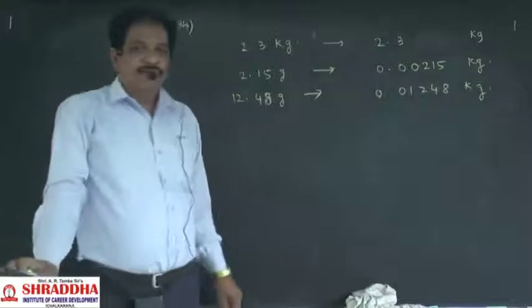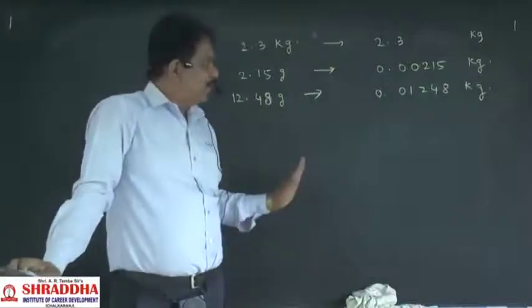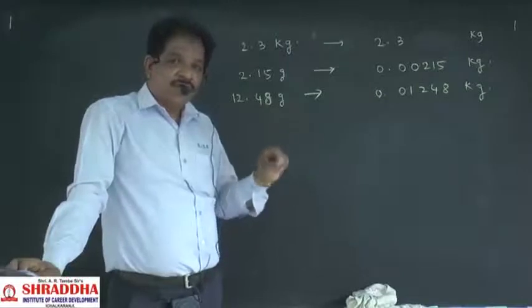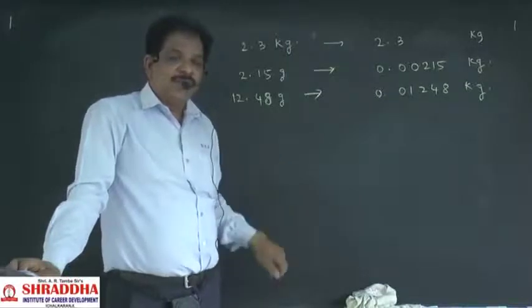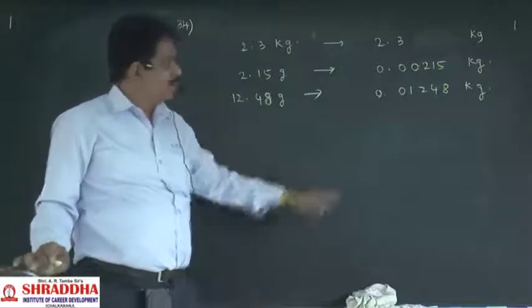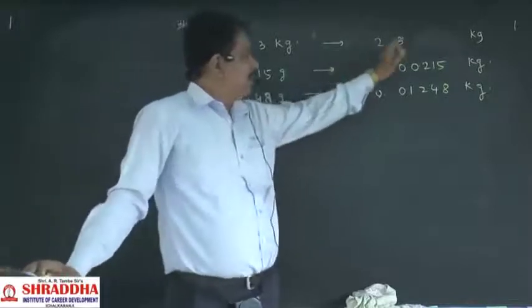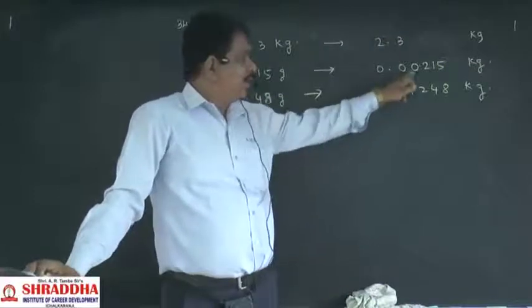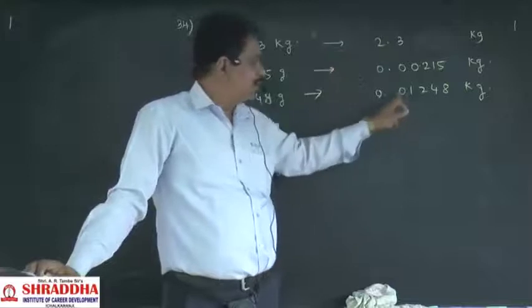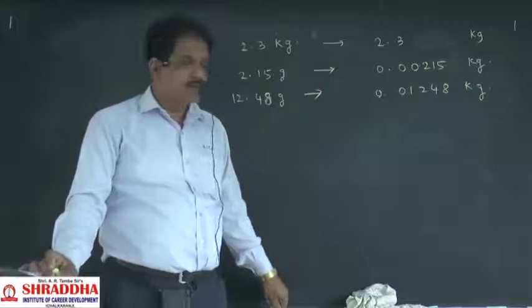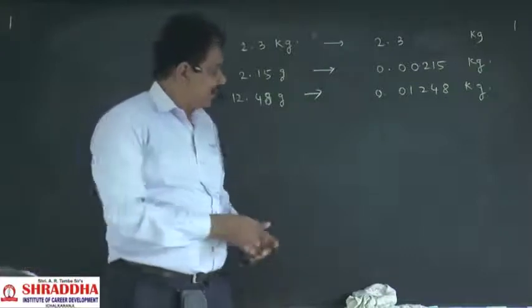Clear? This is the thing. But in addition and subtraction, what you have to do is consider how many significant figures are there after the decimal point. Here after decimal point, one significant figure is there. Remember, it will have two significant figures. It will also have two significant figures. Understanding?